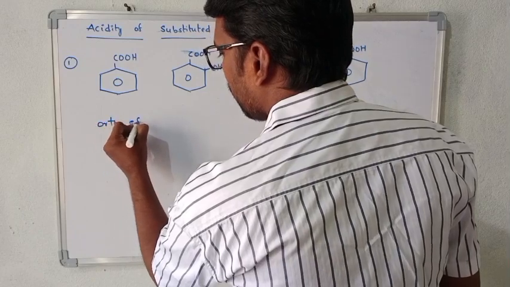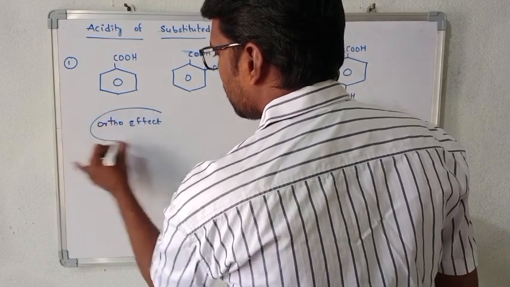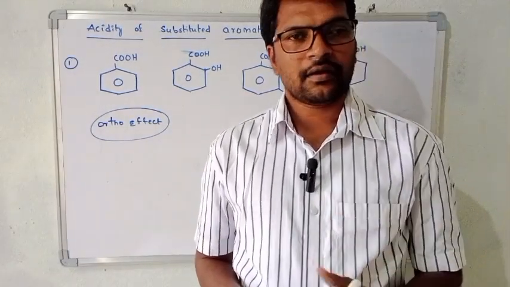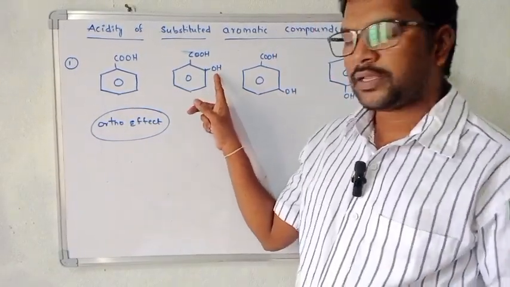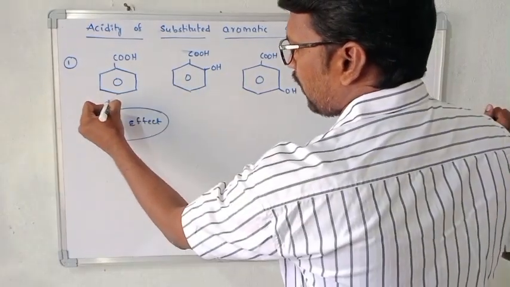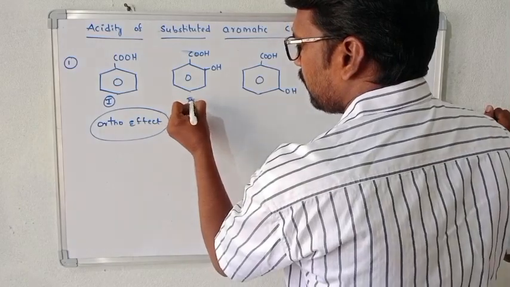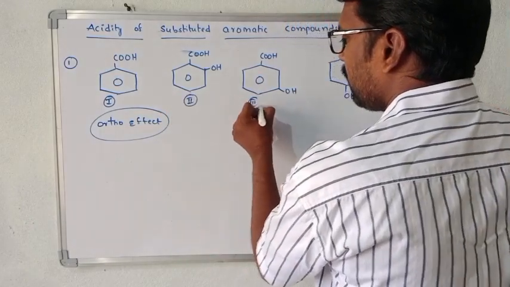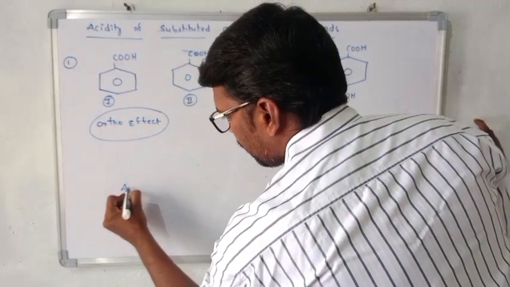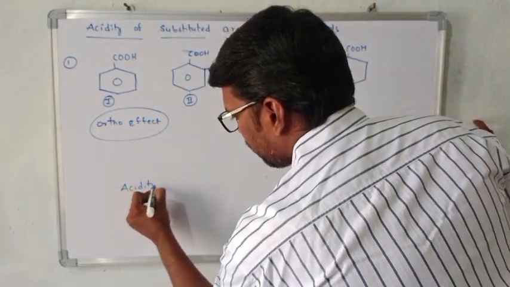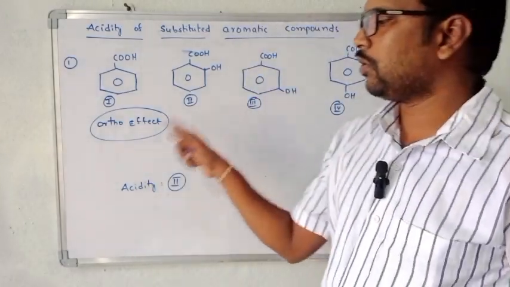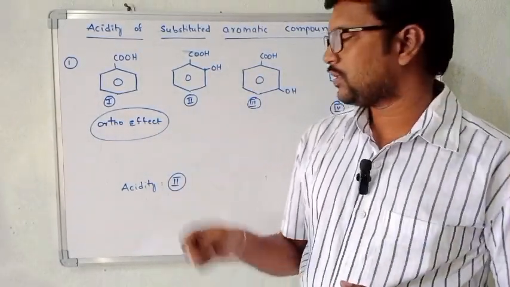Due to the ortho effect, a group present at the ortho position, either electron donating or electron withdrawing, gives the highest acidity. So in these four, if you write the acidity order, irrespective of the group, ortho is more acidic due to the ortho effect.